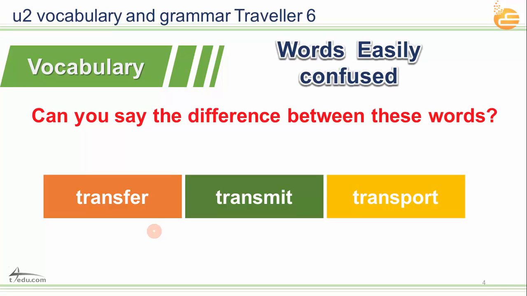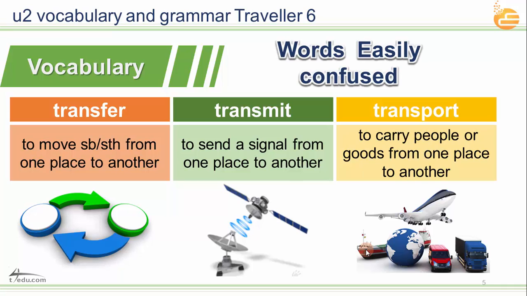And to transfer is to send from one place to another. And then transmit is the same thing, but I think it's related to TV channels, space, radio, and other things. And transport, you remember transportation, cars, planes, trucks, all these things are really confusing, but we still can use them in a different way.